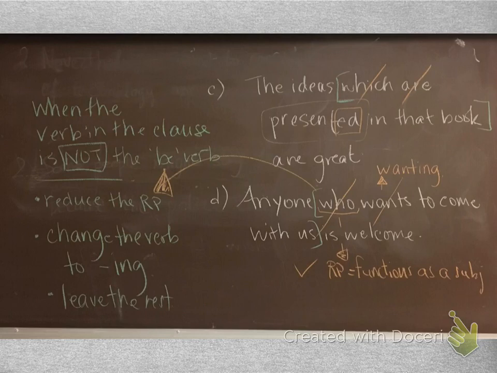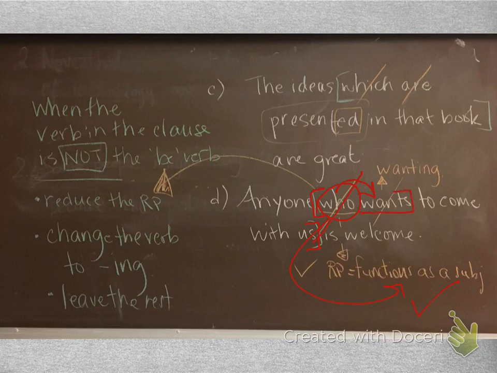If you have something that is not a be verb, the rules are a little bit different. Same thing: you want to identify where the clause is, determine that this is the subject of the clause, and then yes, we can reduce. Reduce the relative pronoun. Look at the next verb.